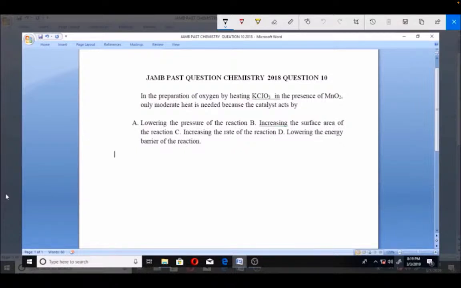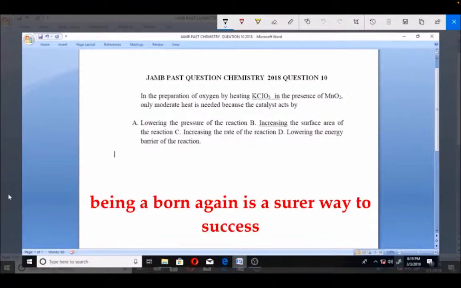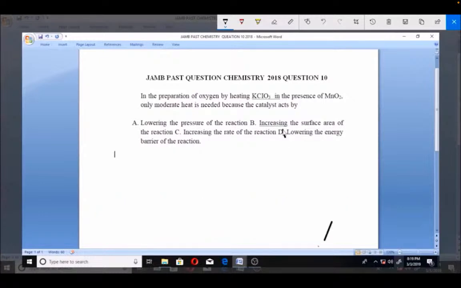So what happens with the catalyst? When you add a catalyst to a reaction, what happens is majorly one thing: it lowers the energy barrier of the reaction. So this is a direct answer. D is the answer to this problem. Because whenever a catalyst is added to a specific reaction, the energy barrier is lowered.